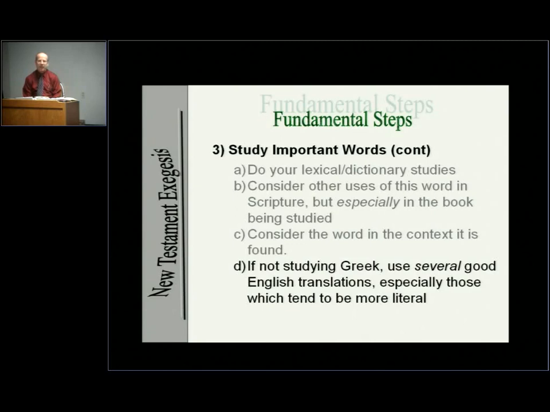You say, I'm looking for the root, like, all right, love. You've got the noun, you've got the adjective, you've got the verb, and I want to find all of those in 1 John. Well, you had to go through the steps of typing each one of those into the search field.